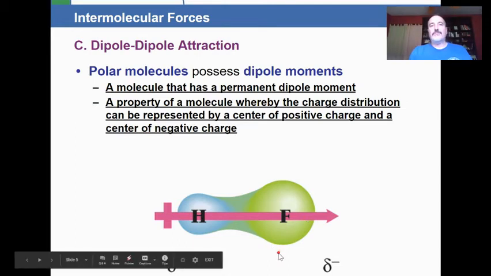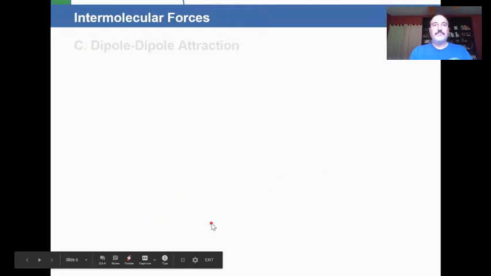Such as in hydrogen fluoride, since fluorine is much more electronegative than hydrogen, it pulls the electrons to one side, thus making it slightly negative and the other side slightly positive, okay?